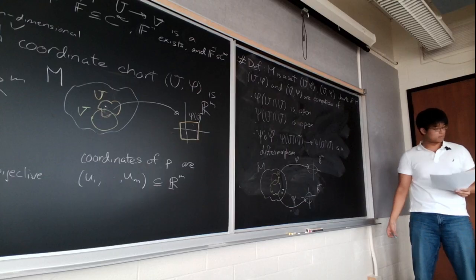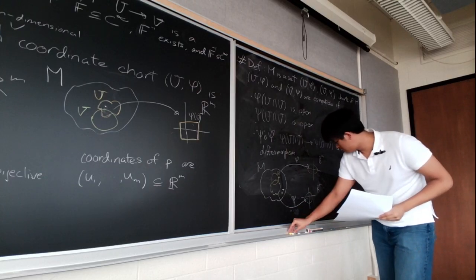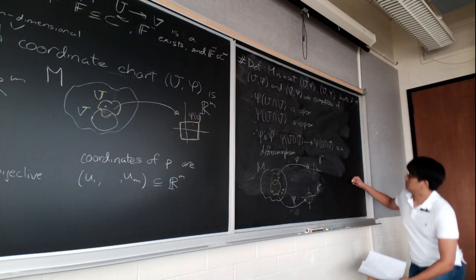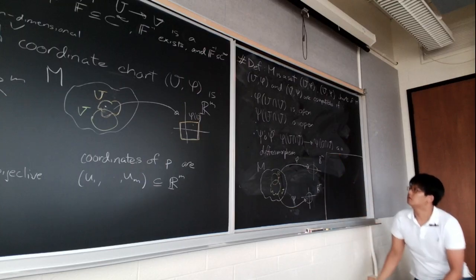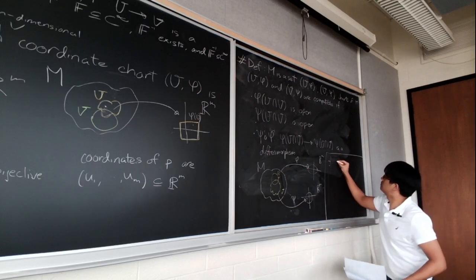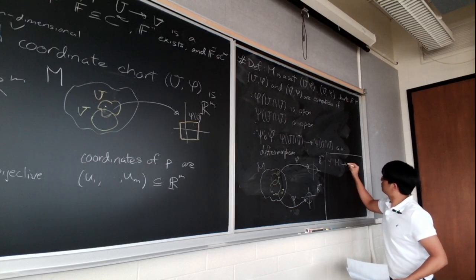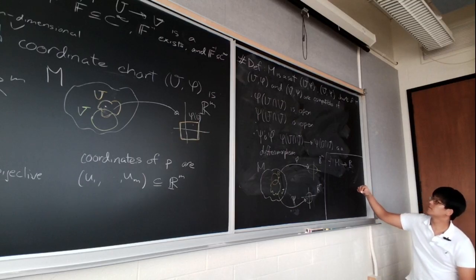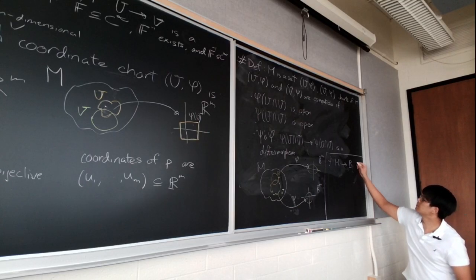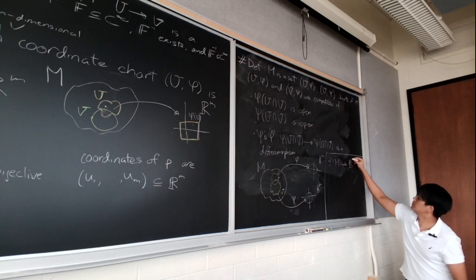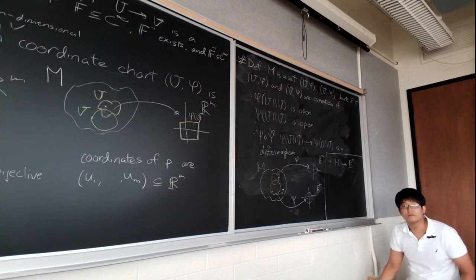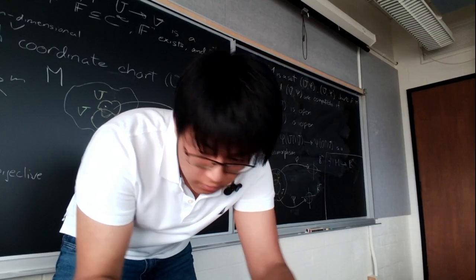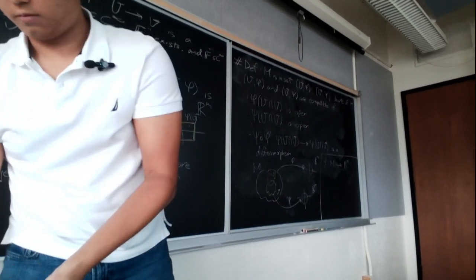Suppose I have a function from M to R. Maybe even Rn, any vector valued function, it's all the same, because if I have a function to Rn, that's just n functions to R.